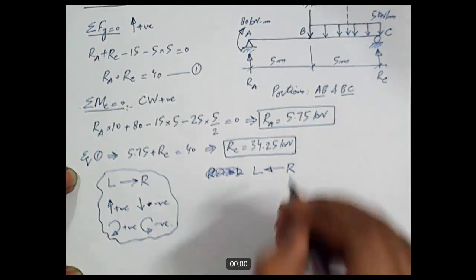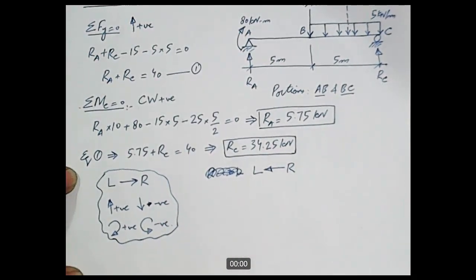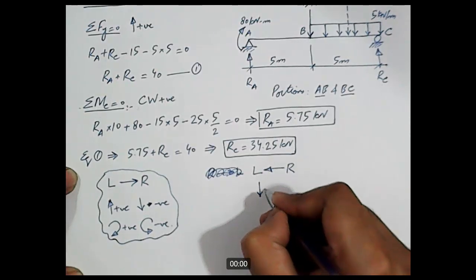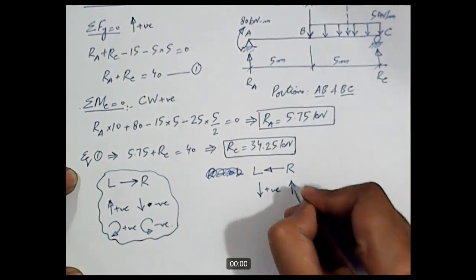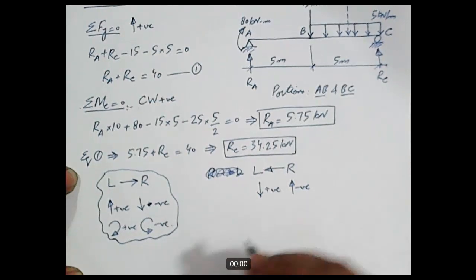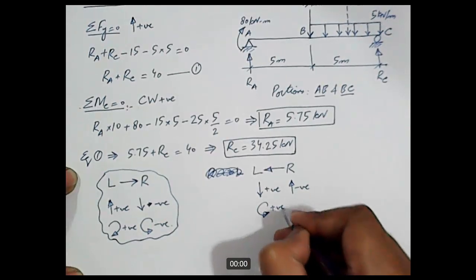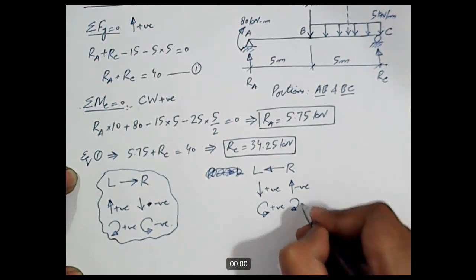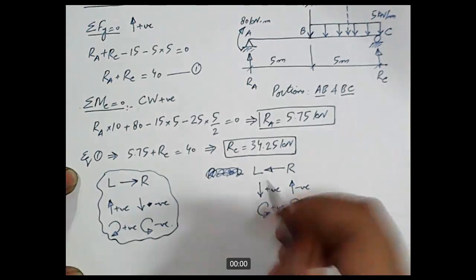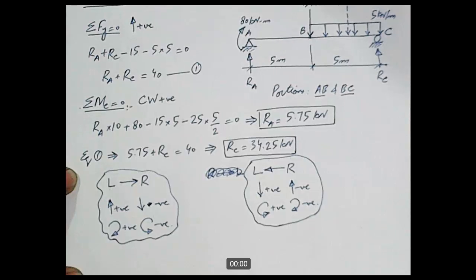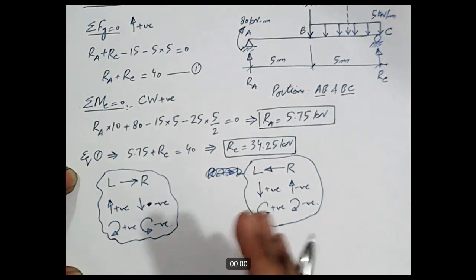Right to left, if we are moving in this direction, in that case, we will have to take all the downward forces as positive and upward forces as negative. And we will have to take all the counterclockwise moments as positive and clockwise moments as negative. This is the convention that we follow when we write down the equations of shear force and bending moment diagram starting from right side to the left side.